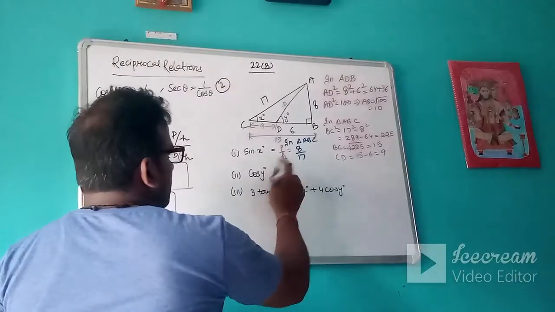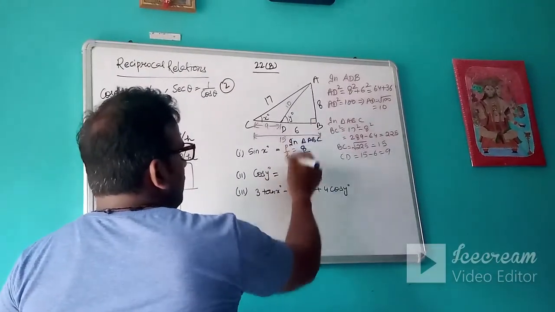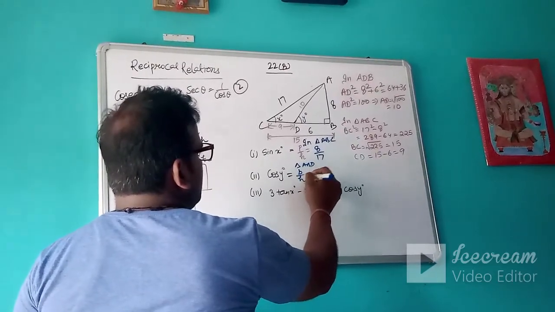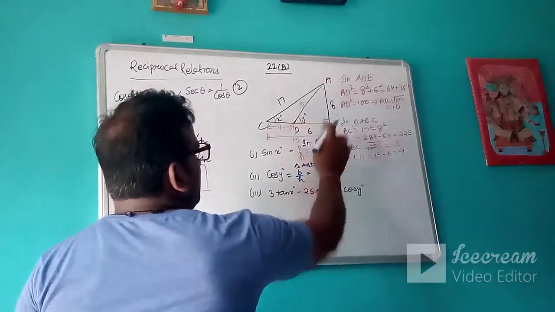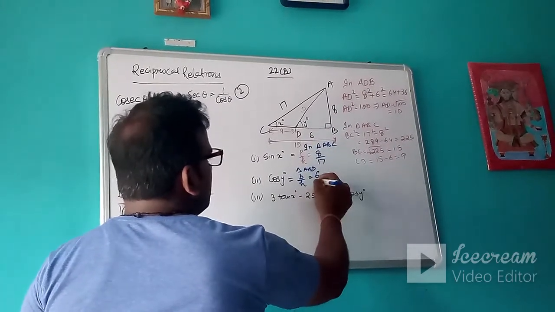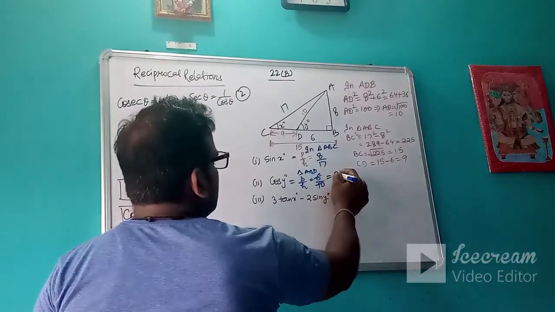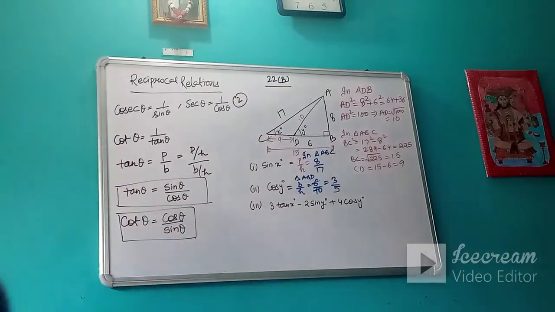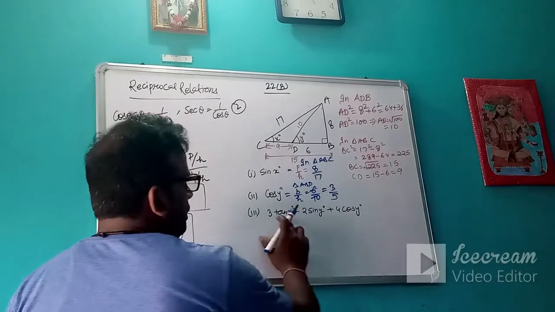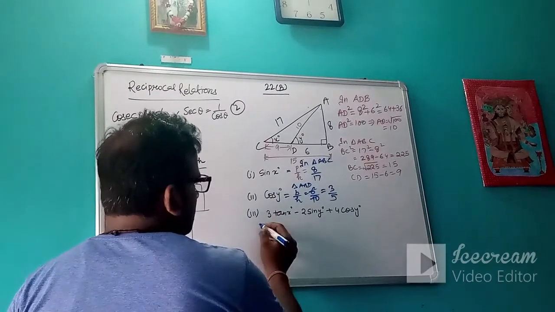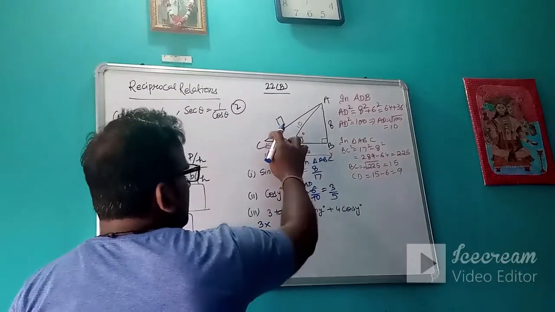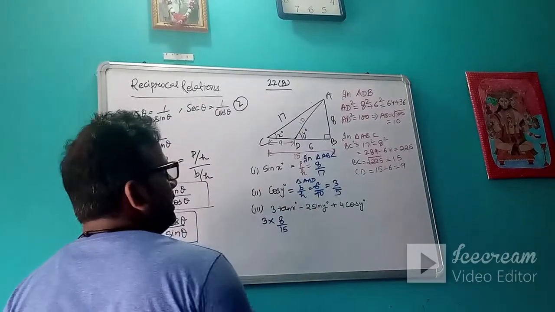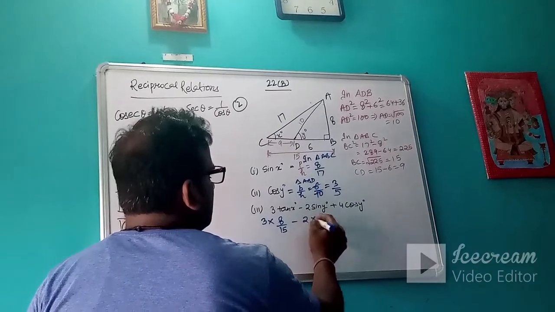Then for cos y, which triangle will we consider? Triangle ABD. Cos formula is B upon h. For this y, B is 6 and h is 10, that is 3 upon 5. Now in this whole expression, first we need 10x, which we will take from here. So 10x will be 8 upon 15 minus sine of y.